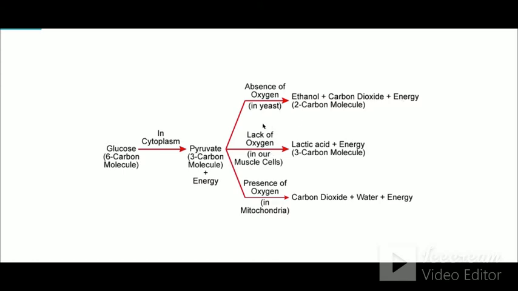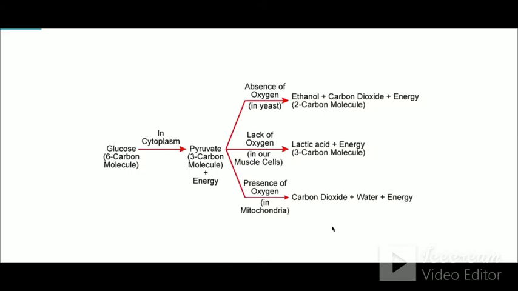But if there is lack of oxygen, that means not the absence of oxygen, a small proportion of oxygen is there, then two products are obtained, lactic acid and energy. Here, in the absence of oxygen, pyruvate, a 3 carbon molecule, is converted to a 2 carbon molecule, while in the condition of lack of oxygen, the 3 carbon molecule remains a 3 carbon molecule. This happens in our muscle cells.